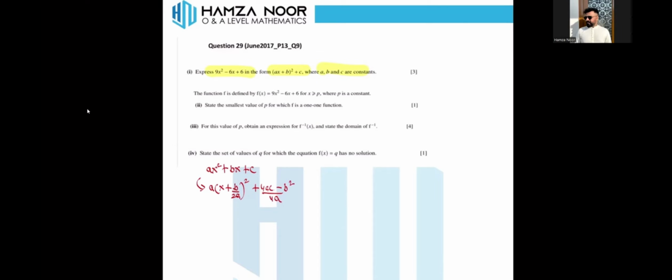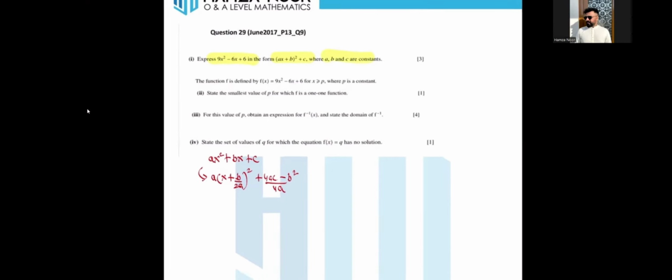Okay, the formula for converting an expanded form of the quadratic expression into a completing square form. So here we can see that if we make a comparison with the expanded form given to us in the question, we can say that a is equal to 9, b is equal to minus 6, and c is equal to 6.